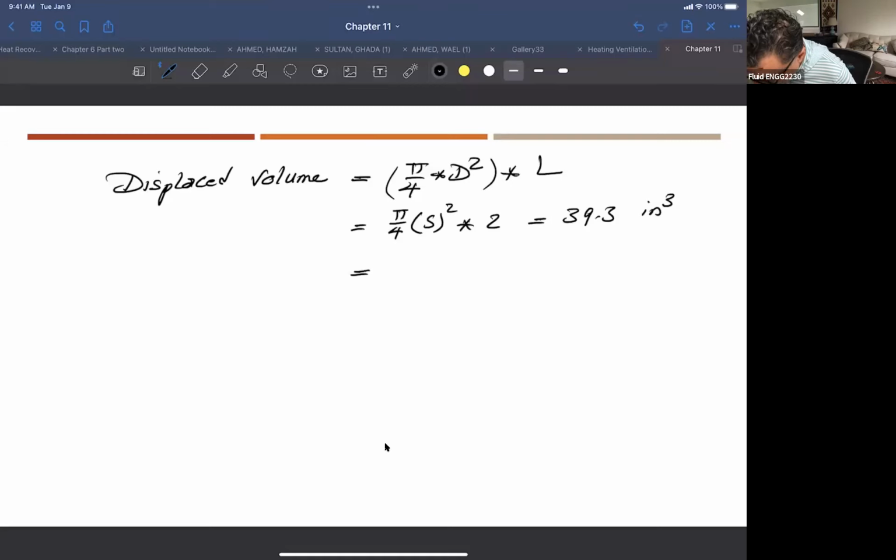But if I take 39.3 and divide it by 231, I will have this in gallons, right? What is Q theoretical?